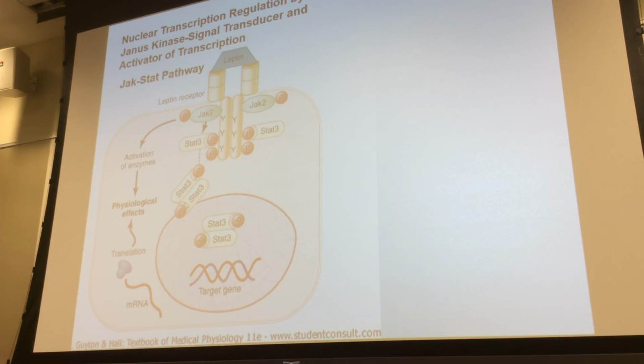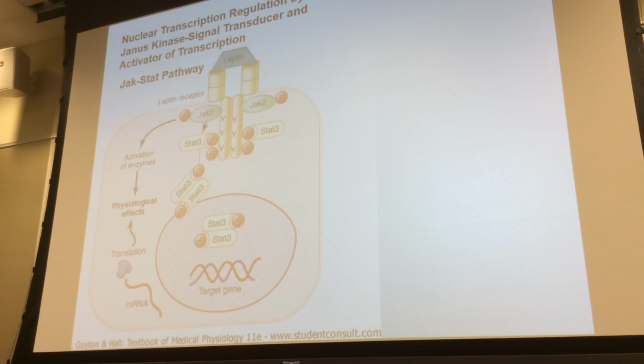So now the STAT isn't going to be staying there very long. Once it gets phosphorylated itself, that takes it off the region where it was binding to the leptin receptor complex. And so now it can dimerize itself. Two phosphorylated STATs will dimerize.